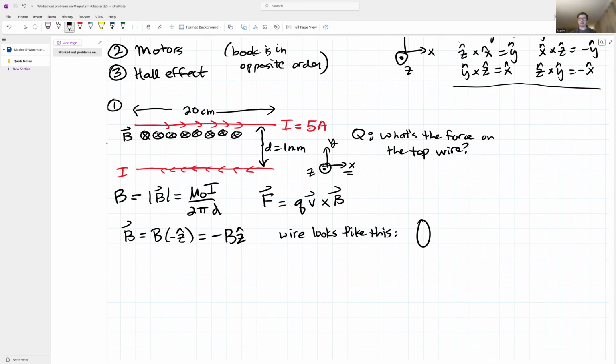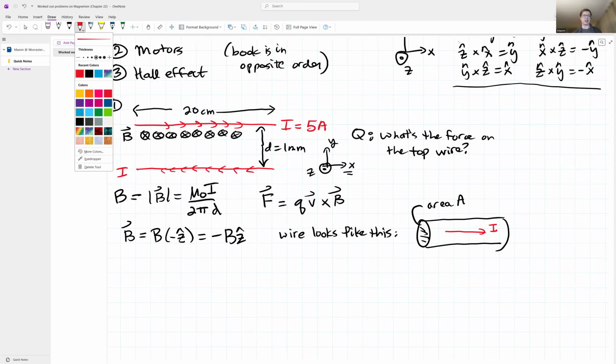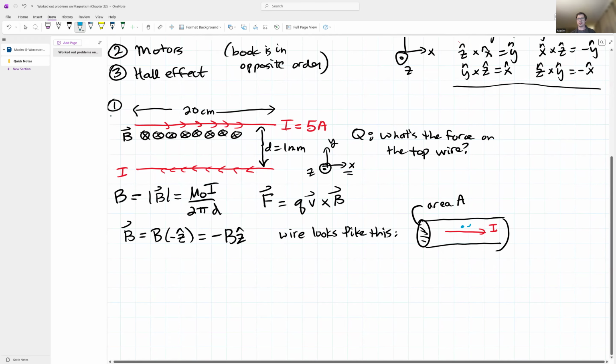There's a cylinder, a big metal cylinder. It has some cross-sectional area A. And it's got electrons moving in it in sort of the opposite direction as the current. If there's a current going this way, that means the electrons are going the opposite way because they are negatively charged, and current, remember, is always in the direction of positive charge. So there's a bunch of little electrons, and they're all moving that way.